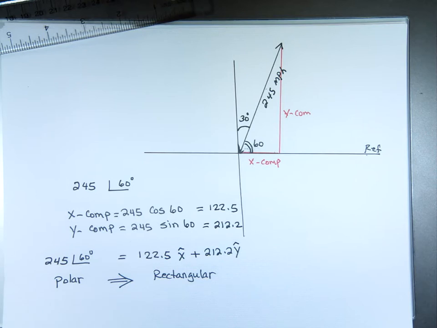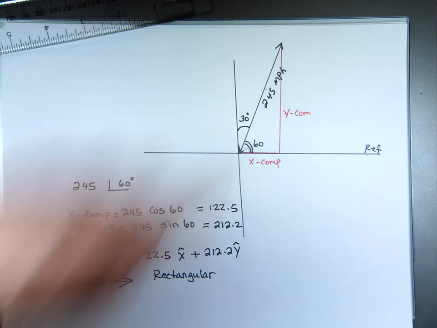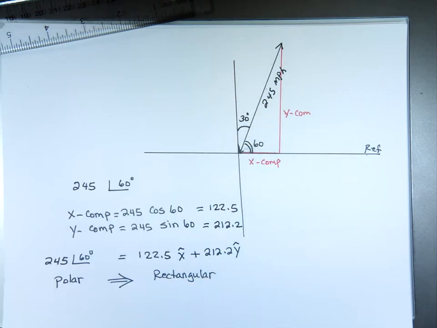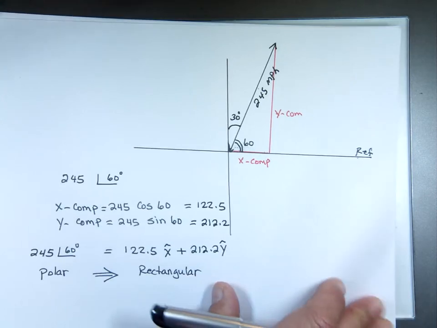We can also work backward. If I give you x and y, we can find r and theta. So let's look at that too. I'll leave this one there.